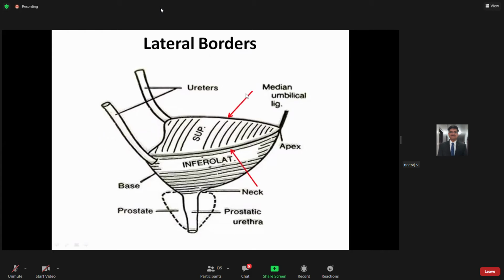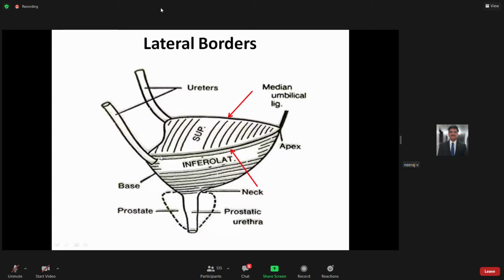And if you look in this picture, these are the two lateral borders, where your ureter is coming and attaching here, and they divide the superior surface of your urinary bladder from the inferior lateral aspect.